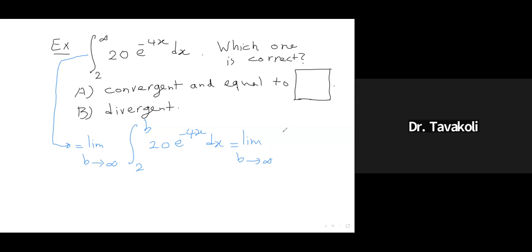First of all, 20 is a constant, and can be pulled out of the integral. And antiderivative of e to the minus 4x: again, let's remind ourselves that antiderivative of e to the power of kx is e to the power of kx over k. So this is e to the power of minus 4x over minus 4, and this should be evaluated at the limits of the integral.